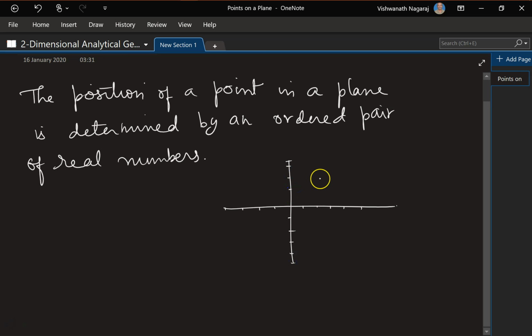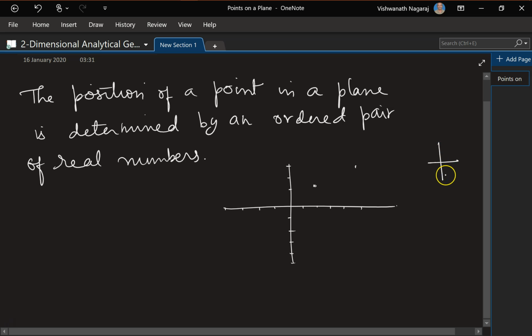Now imagine you are standing here and you are interested in reaching here. Now if there are no restrictions to your movements except that you can go either north-south or east-west, how would you go?